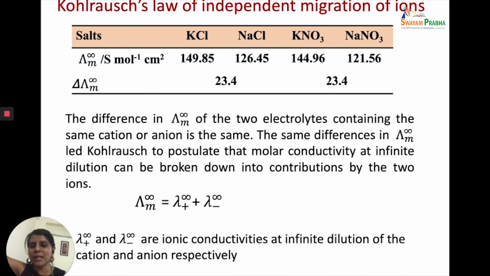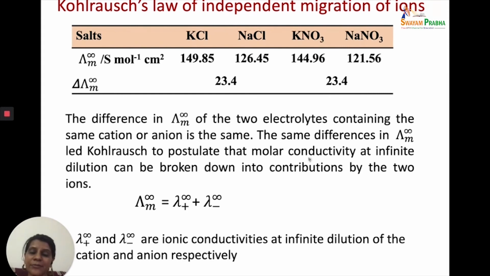Now let's look at some of the values of molar conductivity at infinite dilution for some of the electrolytes: KCl, NaCl, KNO3 and NaNO3. The differences come out to be the same, 23.4, 23.1. The difference in the lambda infinity of the two electrolytes containing the same cation or anion is the same.